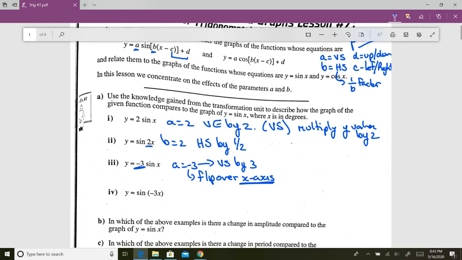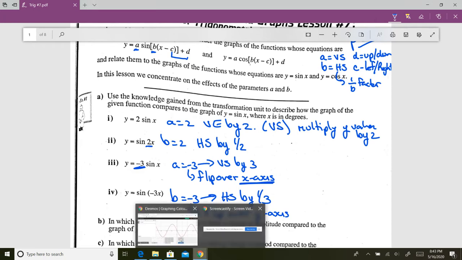Okay, what about this? That's our b is -3. The negative causes it to flip over the y-axis, and 3 is a horizontal stretch by a third.